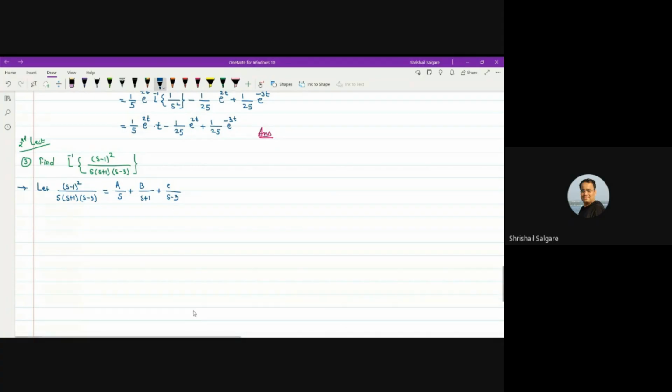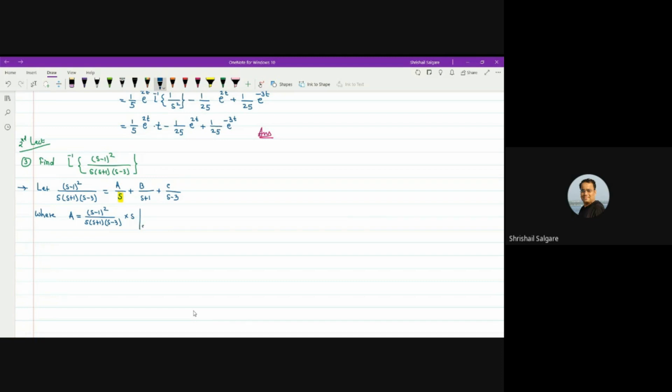How to find the constant? This a is given by what you have to do? (s minus 1) whole square divided by s into (s plus 1) into (s minus 3), and in the denominator of a you have the factor s.